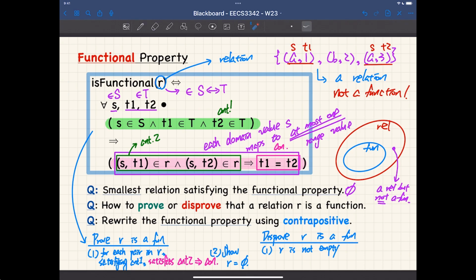That means you have some combination for you to consider. And also, there is (S, T1) in R and (S, T2) in R, but T1 is not equal to T2.